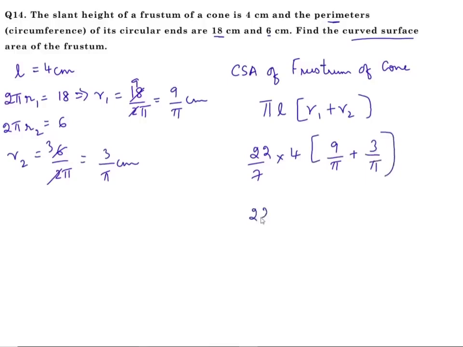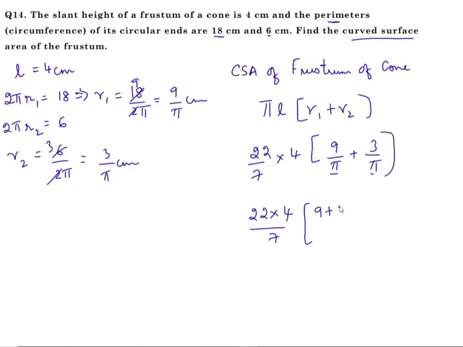Now 22 into 4 divided by 7 into, since the denominators are the same, pi. I have not substituted the value of pi because I'll substitute it at the end so that it becomes easy. Since the denominators are the same, directly you can add the numerators.